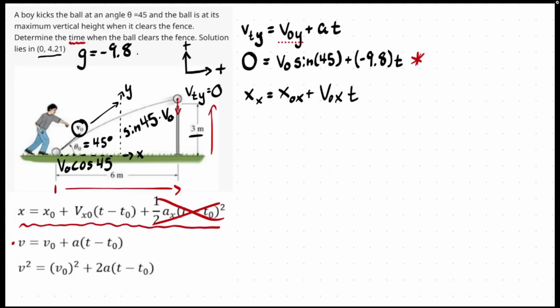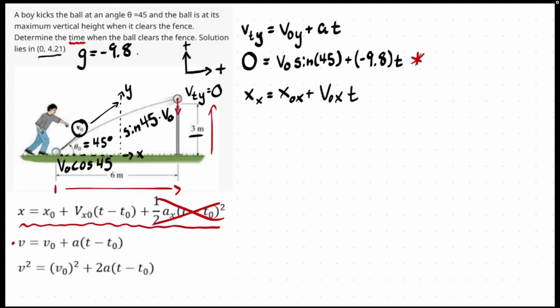And then over here, I would put this acceleration stuff, but since there's no acceleration or force acting on this body in the horizontal, I can just leave it alone. Let me get rid of these yellow red lines. There we go.